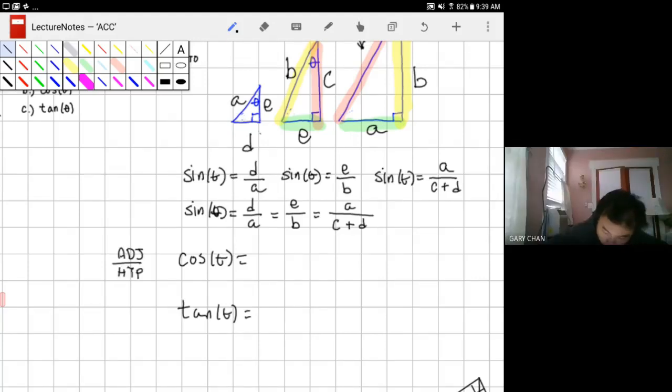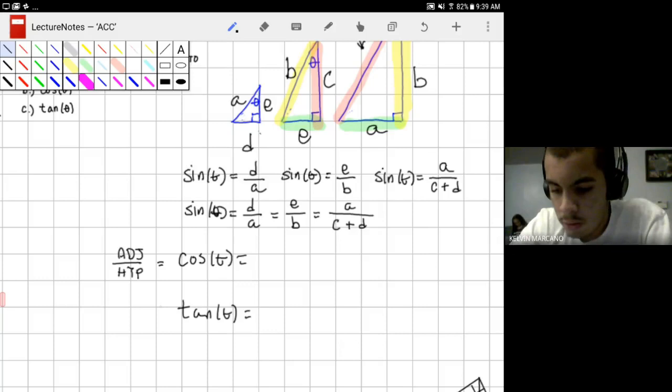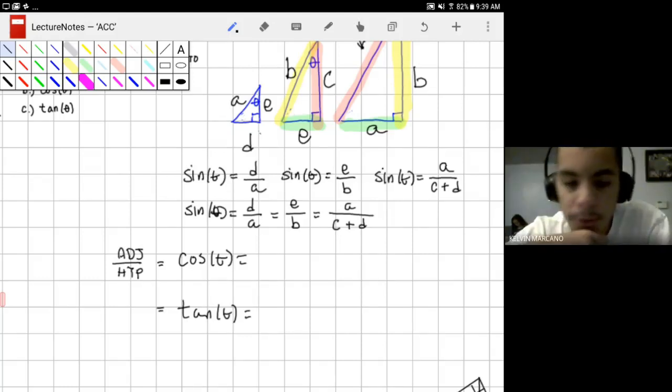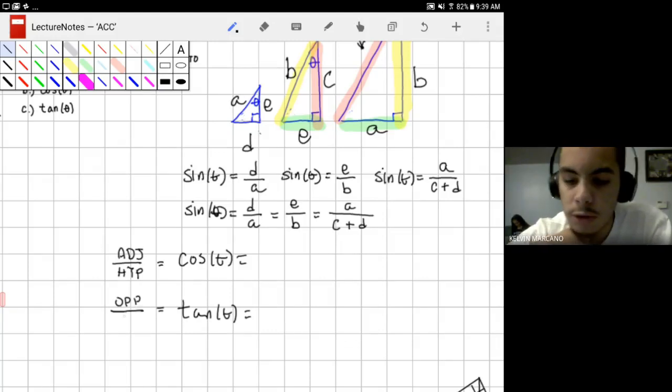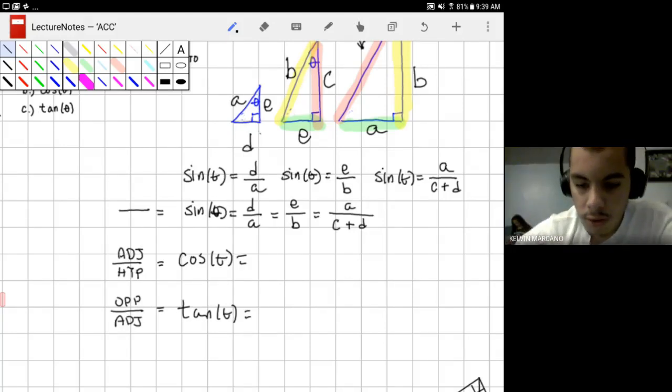And Kelvin, while you're at it, what was tangent of theta again equal to? Opposite over adjacent. And one last thing: even though we did this for sine already, what was that for sine one more time, Kelvin?